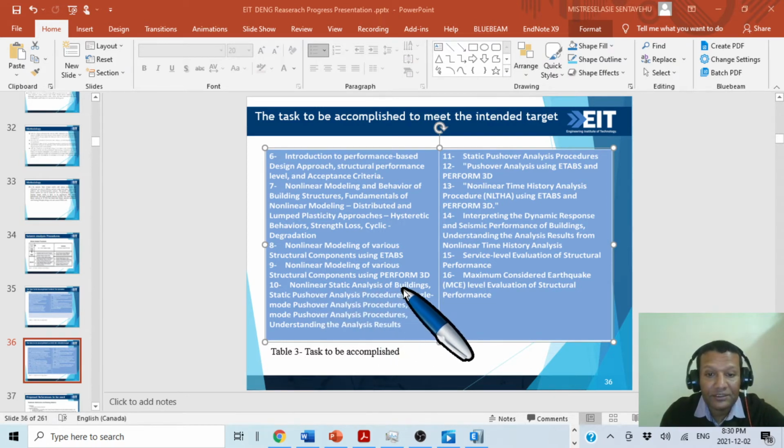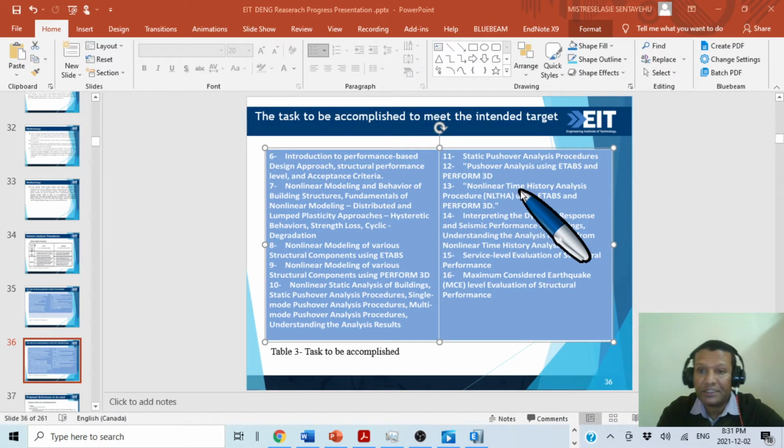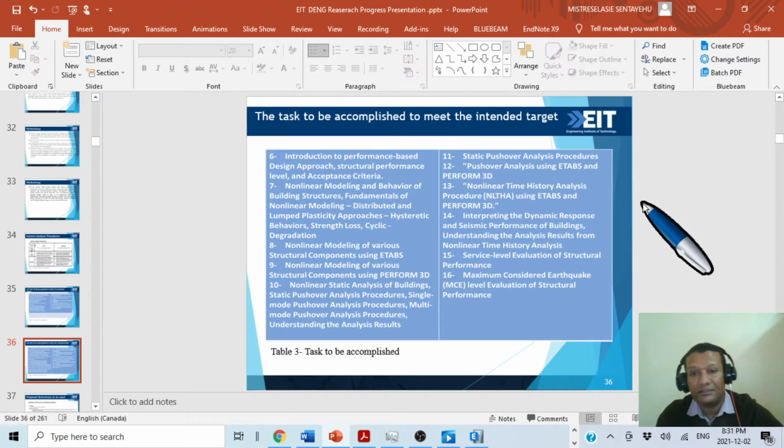Nonlinear static analysis of the building, pushover analysis, static pushover analysis procedures, pushover analysis using ETABS and Perform 3D. For this purpose, until now I am using ETABS, but in the future, when I have time, I will perform this design using Perform 3D, and we will compare the results with ETABS and Perform 3D also.